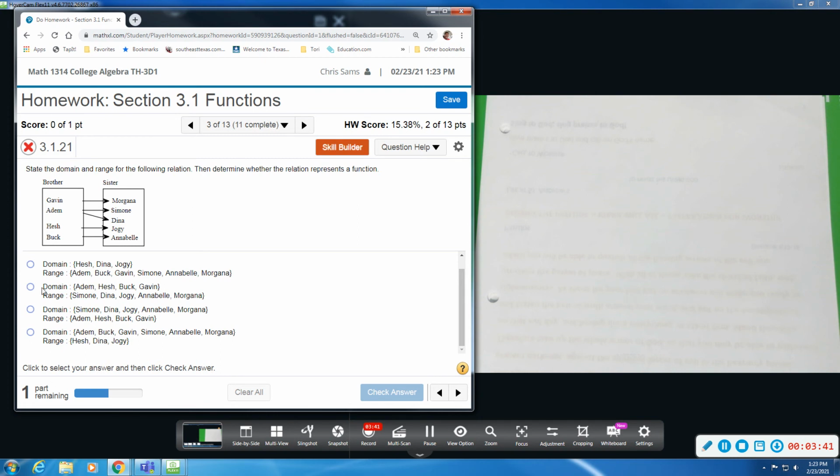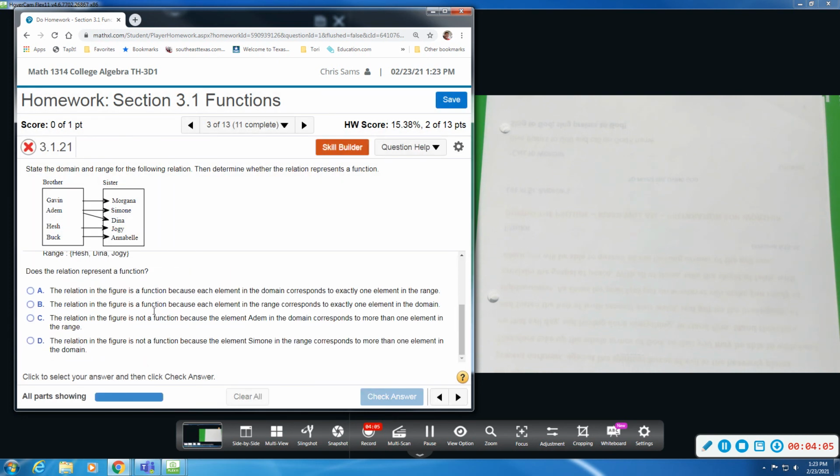So it looks like B matches the domain. Now the range, the sisters, Morgana, Simone, Diana, Georgie, and Annabella, looks like B matches as well. So this is the one that lists all the elements of the range and all the elements of the domain together.